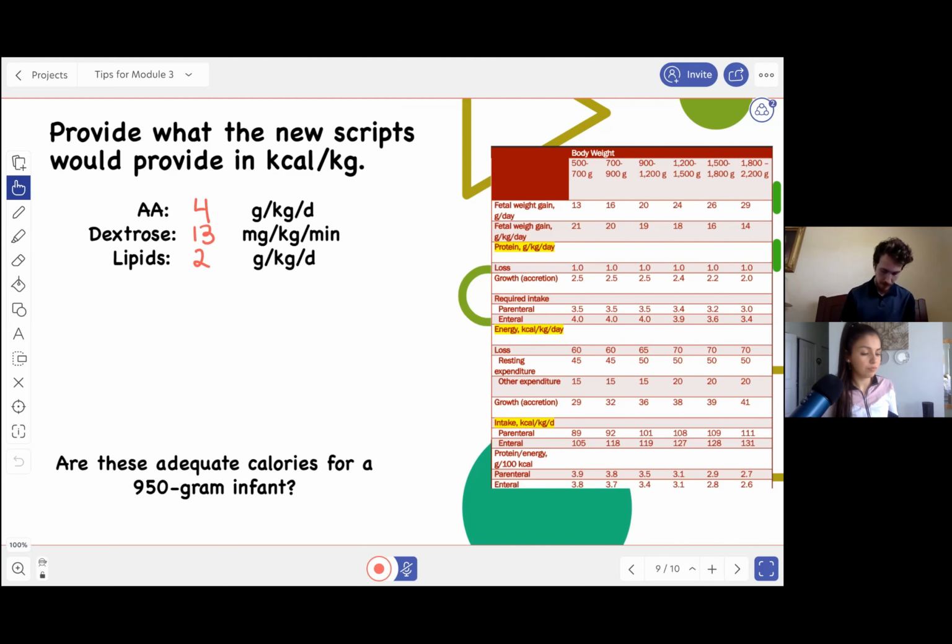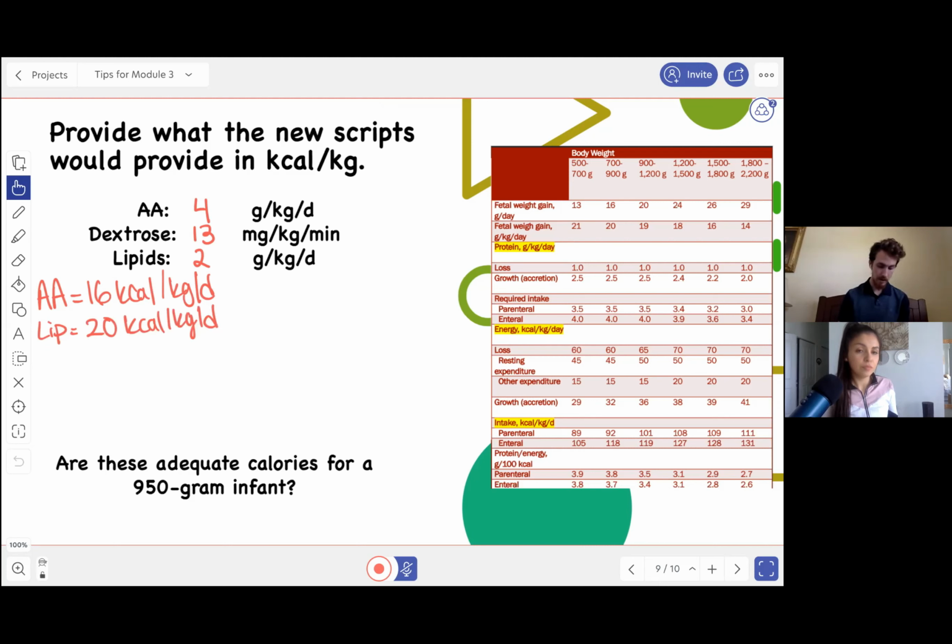So our amino acids, just like before, give us 16 calories, and the lipids gave us 20. So let's work with the dextrose.